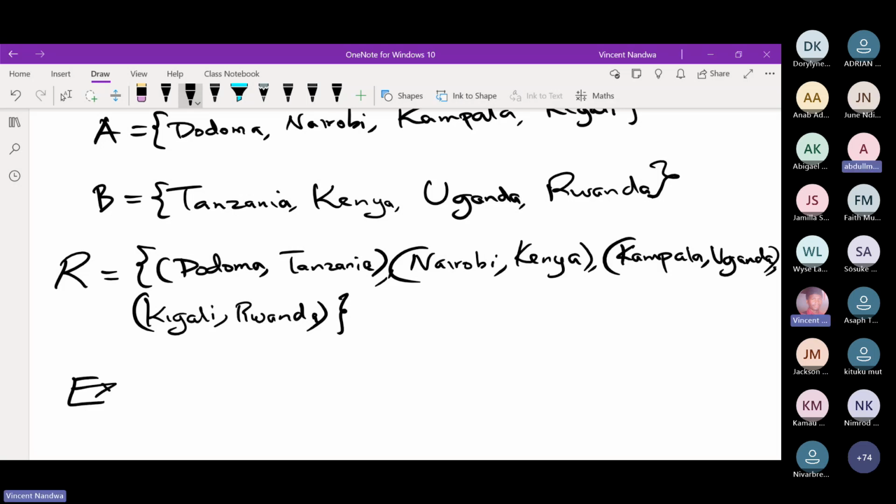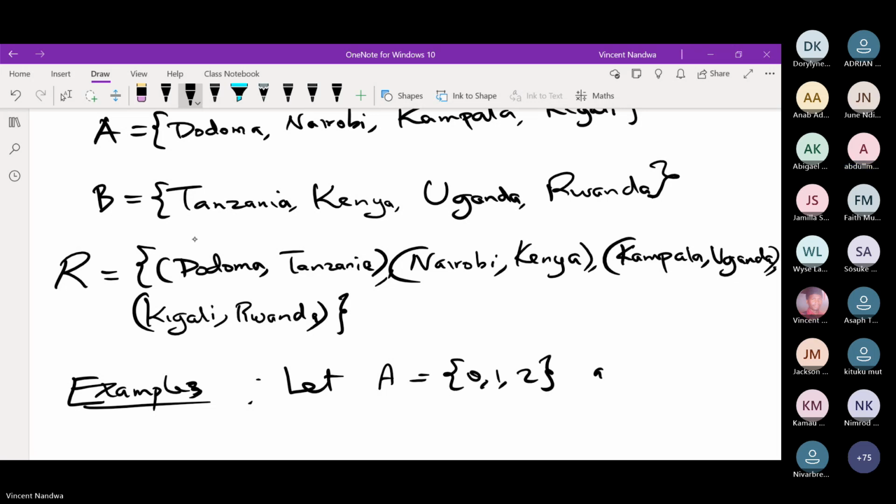So example 3. Let A be the set {0, 1, 2}, and B be the set {a, b}.